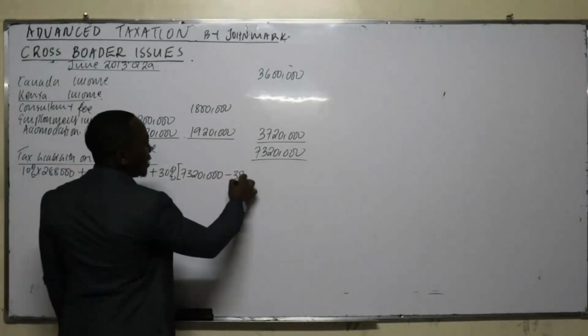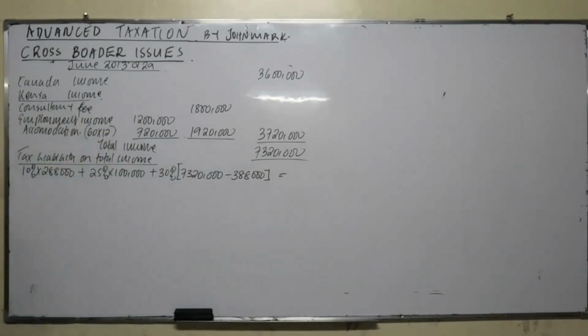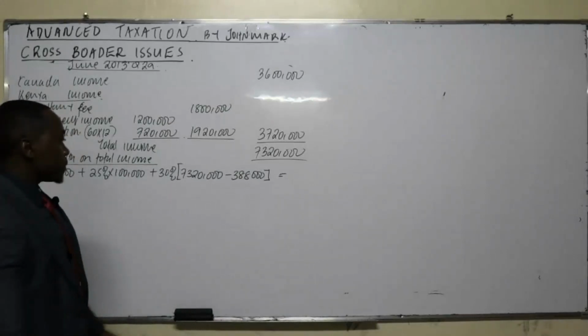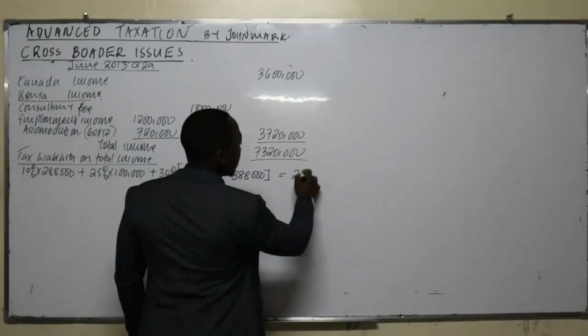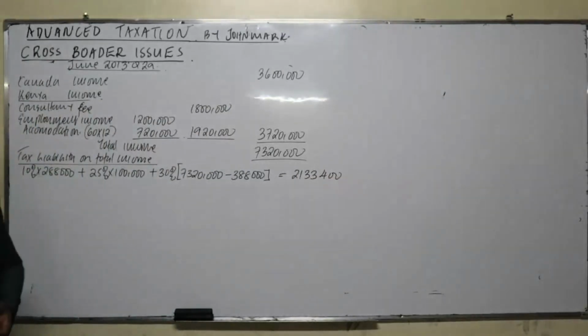Then you deduct 388 to determine the excess amount. What do you get? 400. Good. Then the other step was to determine the tax liability on income earned in Kenya.